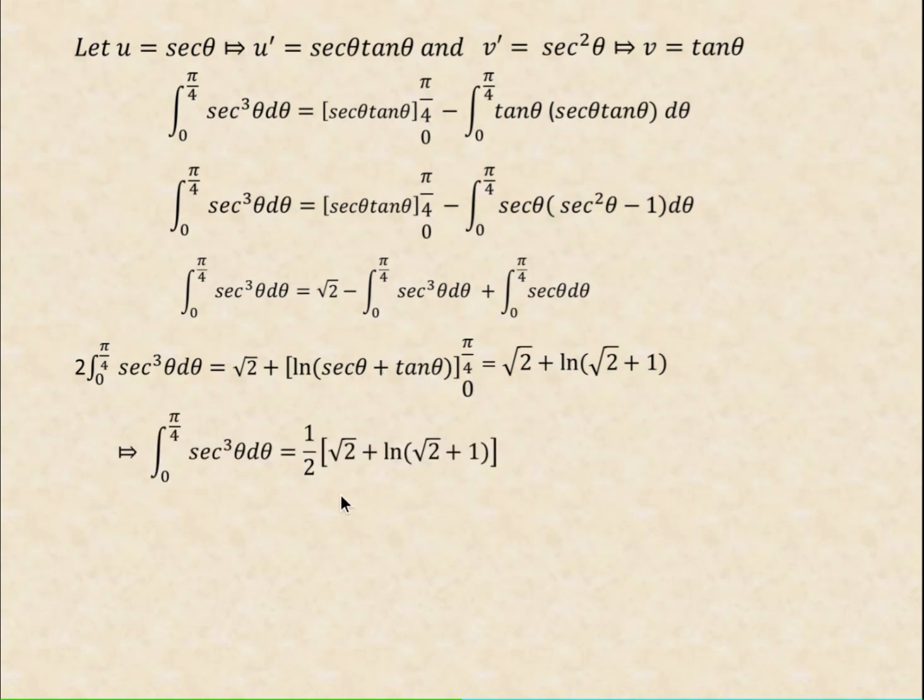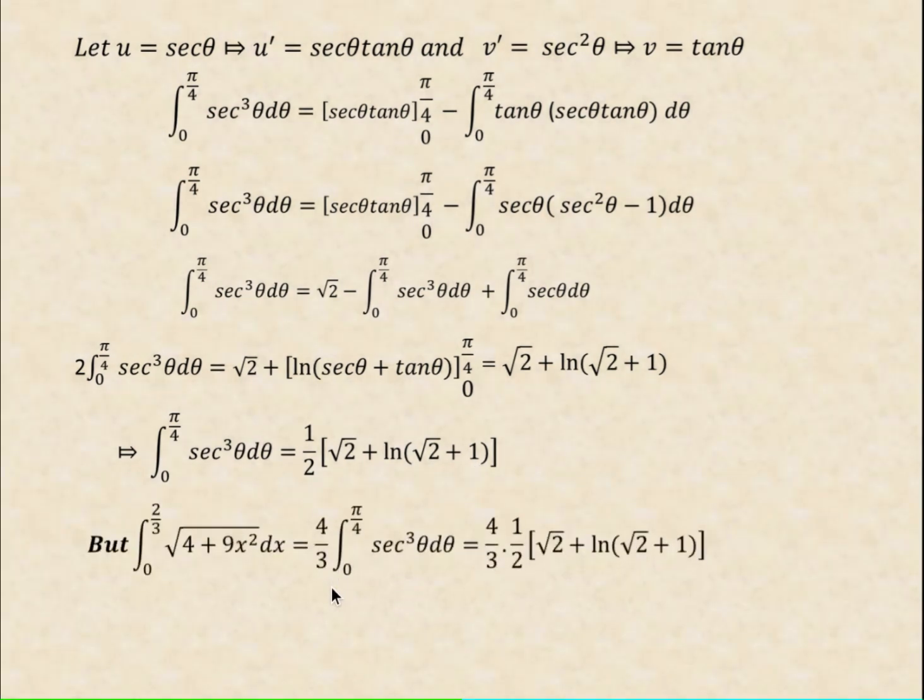So from this step, we can see that the integral from 0 to pi over 4 of sec cubed theta d theta becomes half into root 2 plus ln of root 2 plus 1. We can then go back to our integral, which we abandoned at the step where we had to evaluate 4 over 3 integral from 0 to pi over 4 of sec cubed theta d theta, and proceed to replace the integral of sec cubed theta, which we have just gotten, as half into root 2 plus ln of root 2 plus 1.